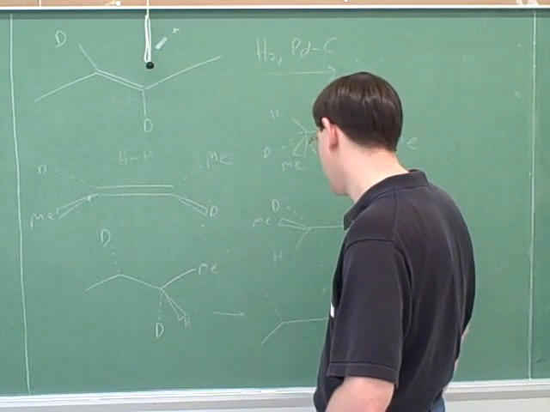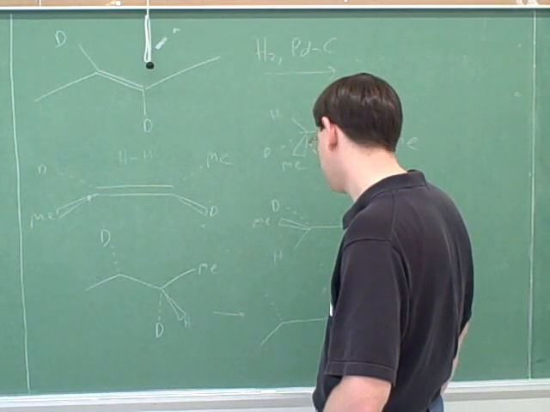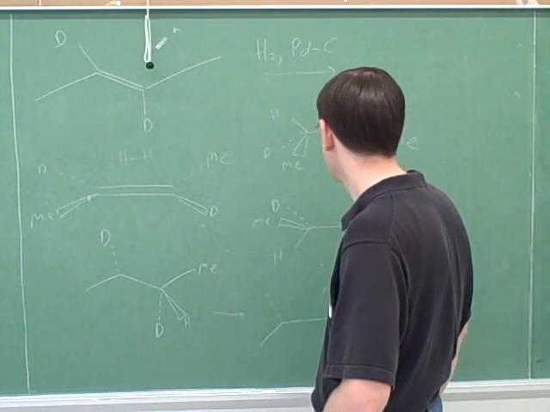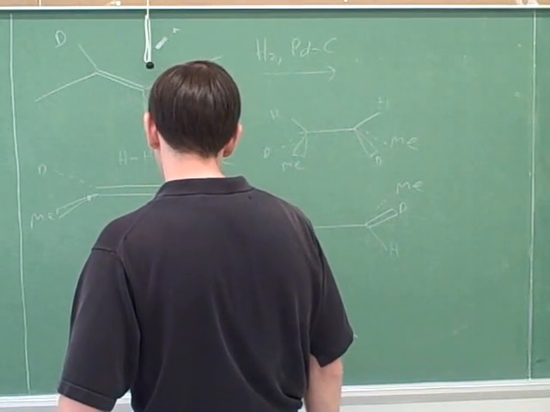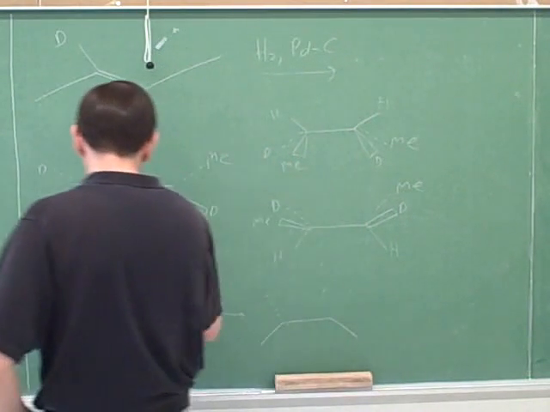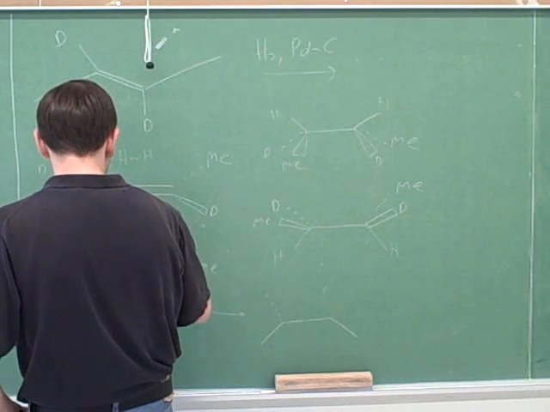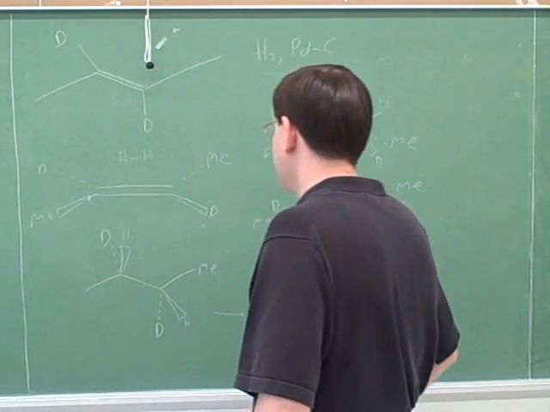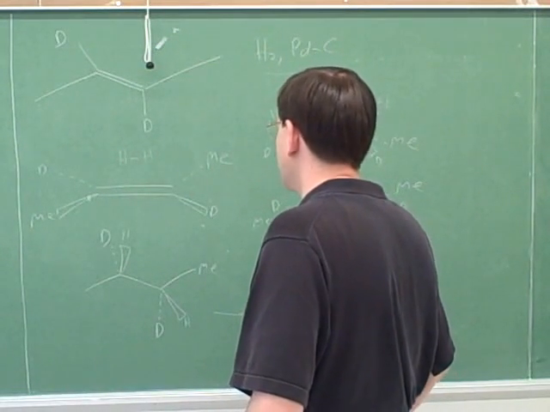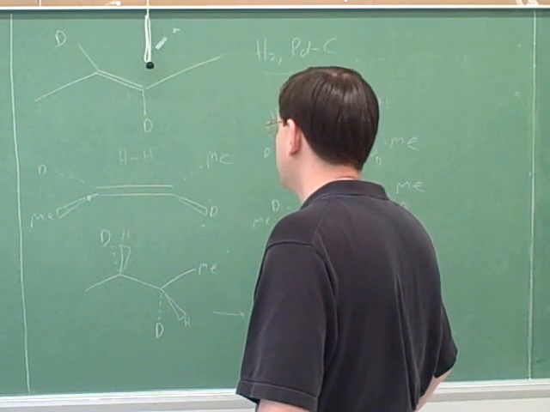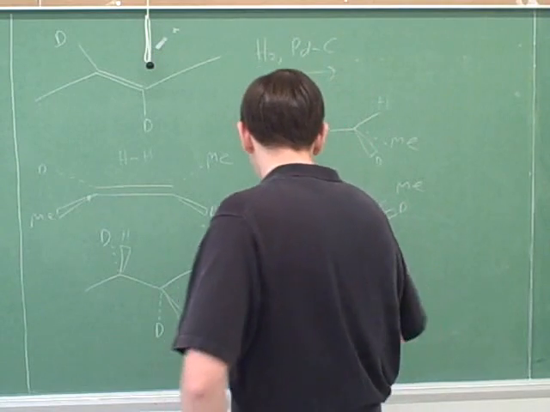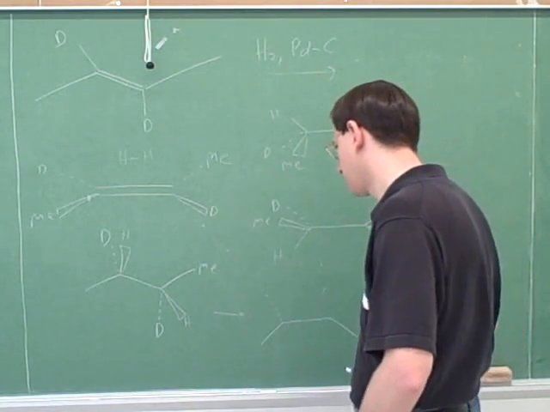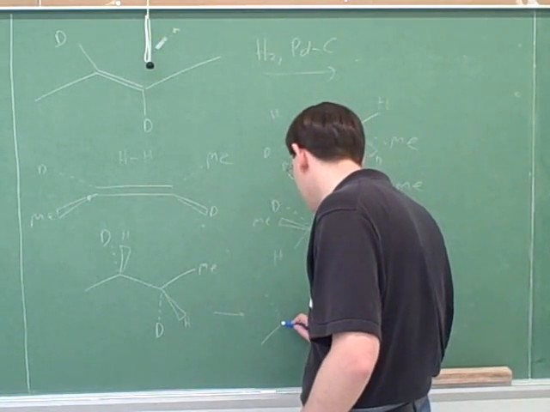So, how did you get that? If I drew one on a wedge and one on a dash, would that be right? So you had a hydrogen coming in from in front over here.